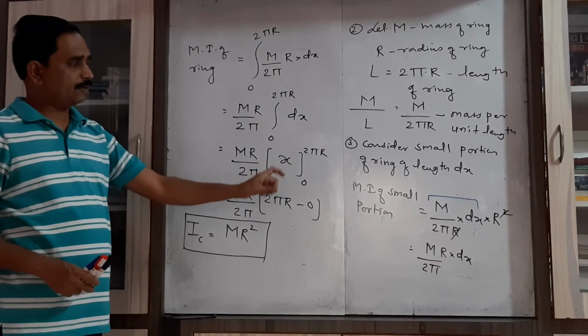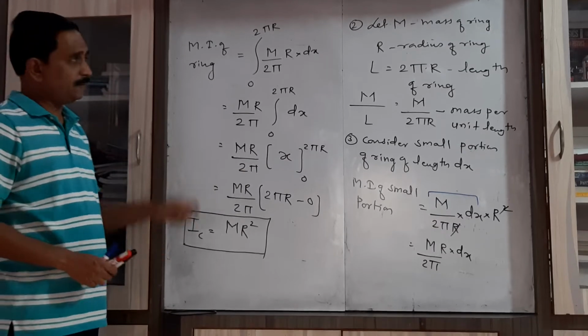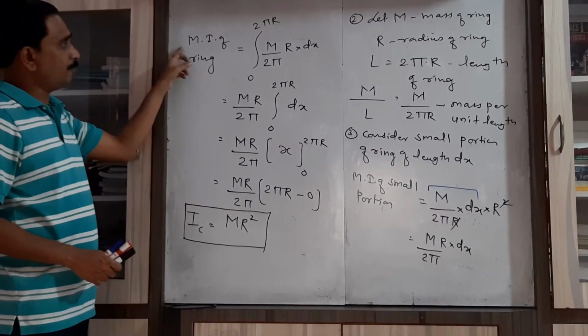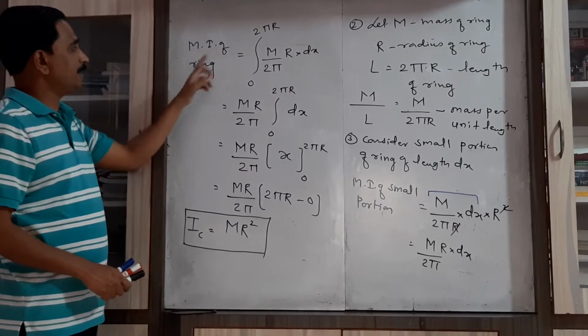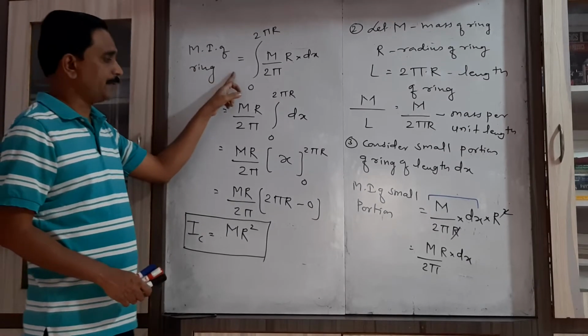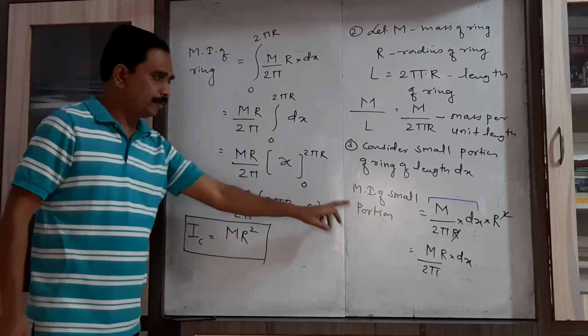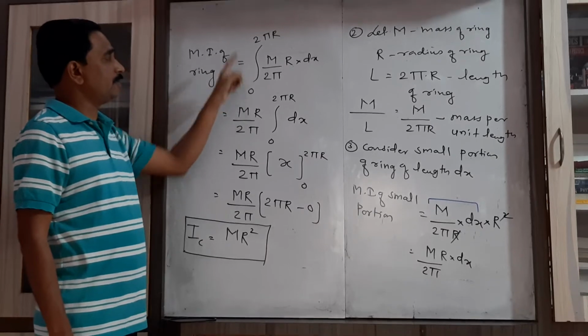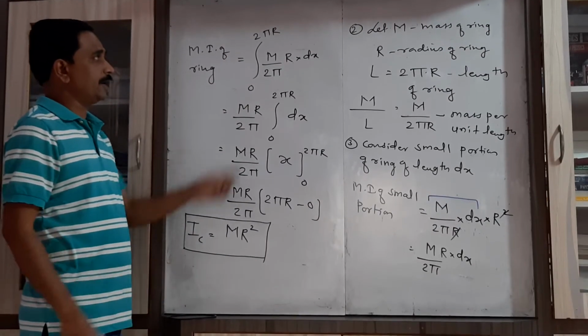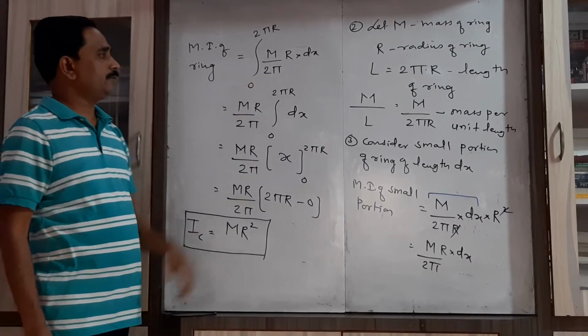When we have the moment of inertia for a small portion, then we can easily find the moment of inertia of a complete ring. The moment of inertia of a complete ring can be obtained by integrating the moment of inertia of a small portion and taking the limit from 0 to 2 pi. So I write here mr upon 2 pi into dx.